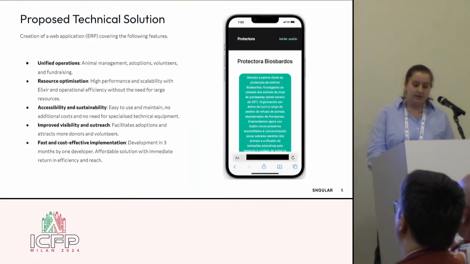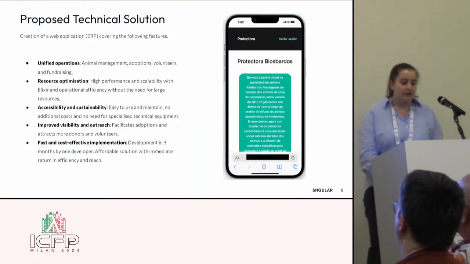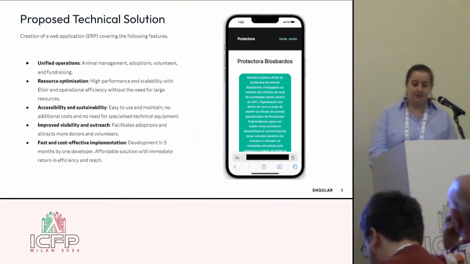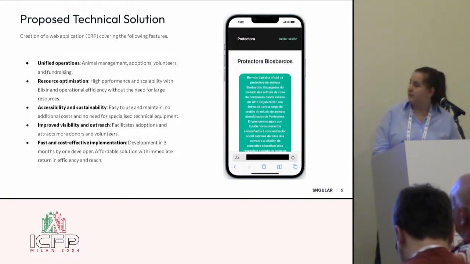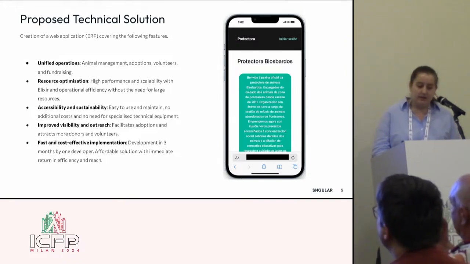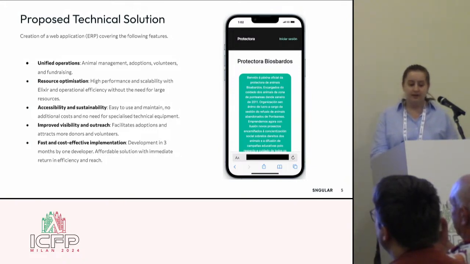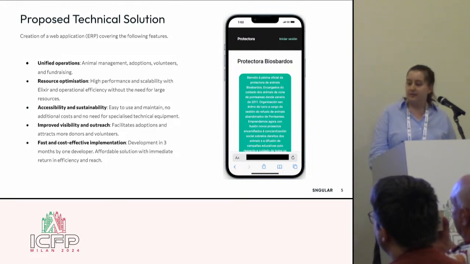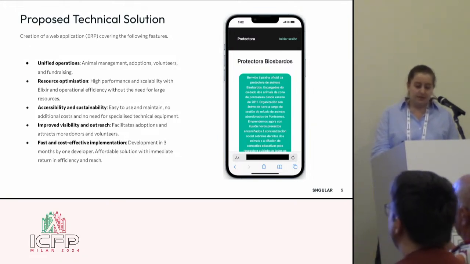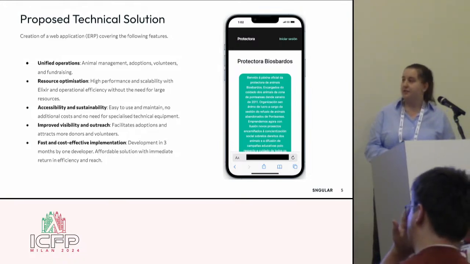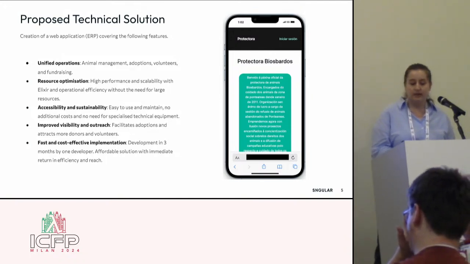So the proposed technical solution is what you can see there: an application that will unify all the operations that this organization may have, optimize their resources, with really high performance and high scalability thanks to Elixir, and be easy to maintain, something that will last a long time.